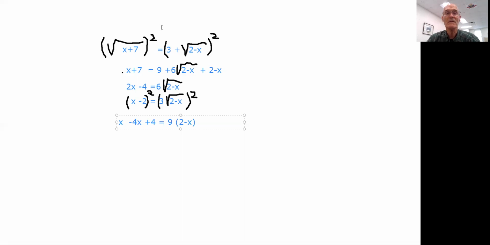So I'm going to put the square on the x, so I got x squared. Now, if I bring everything across, I've got a minus 9x that comes across, so I've got plus 5x.